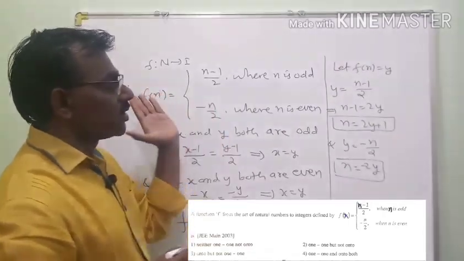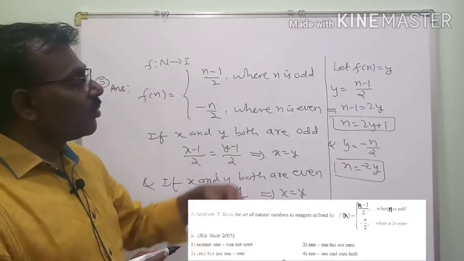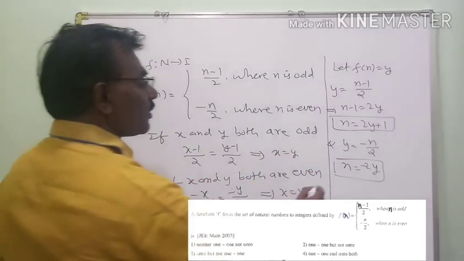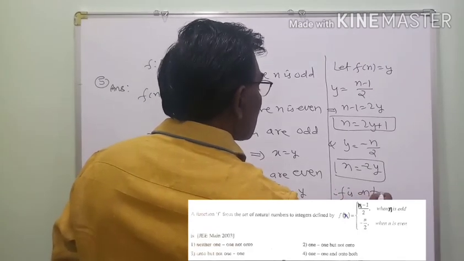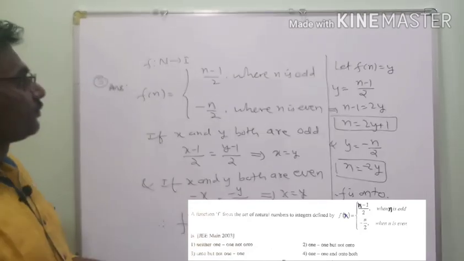Both are associated with N. So all the elements of the codomain have preimages. Therefore f is onto. And this problem is both 1-1 and onto.